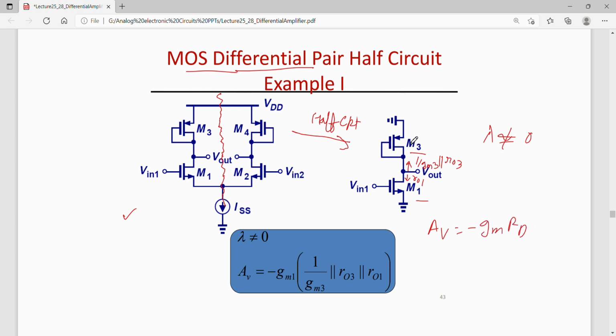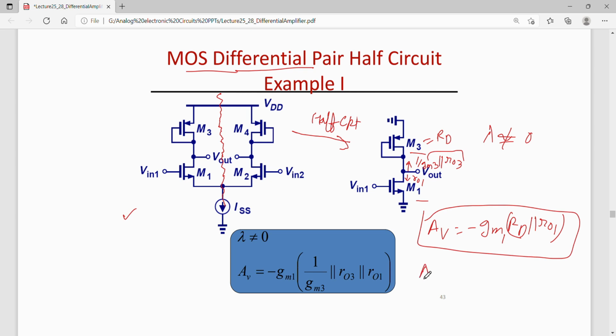This represents my drain resistance for M3, which is 1 by GM3 parallel to RO3. So the gain of this amplifier is minus GM1 times RD parallel to RO1. This we have already found some time back, and RD is this value.